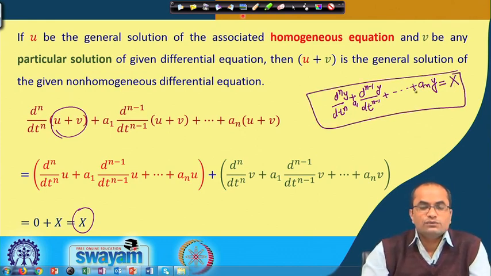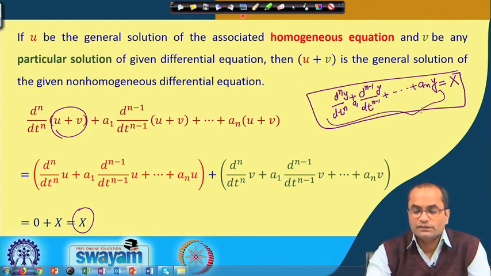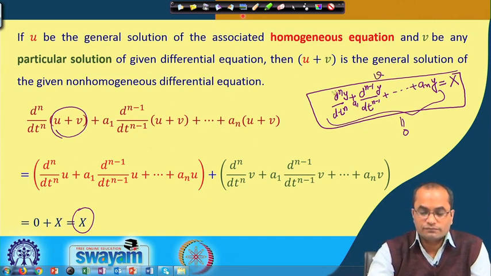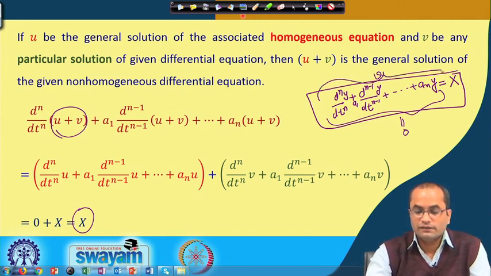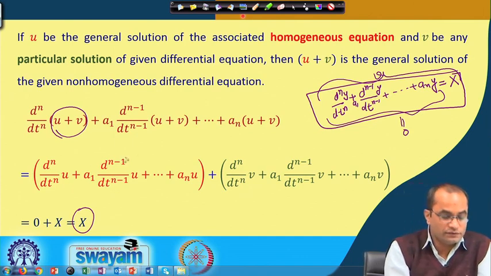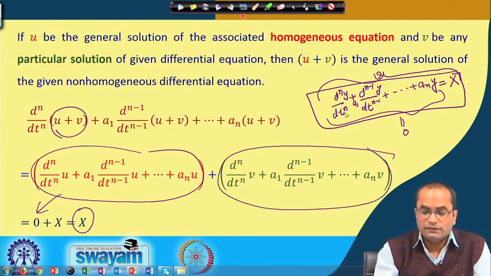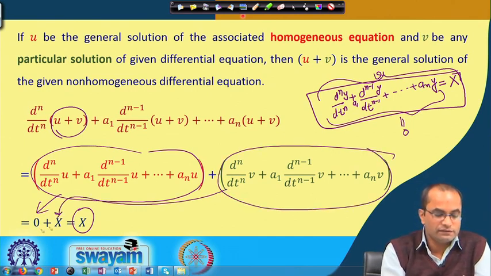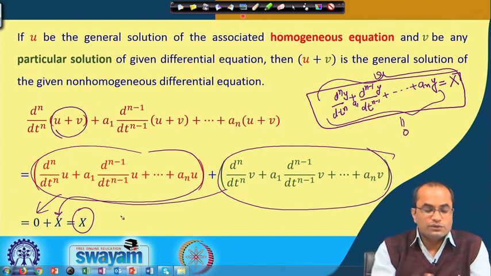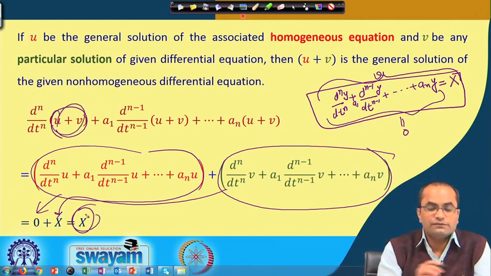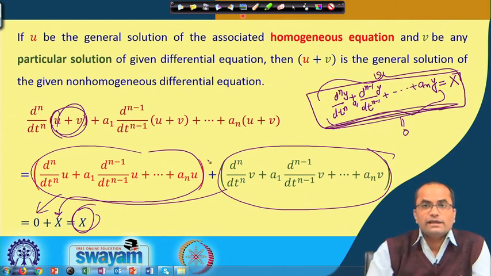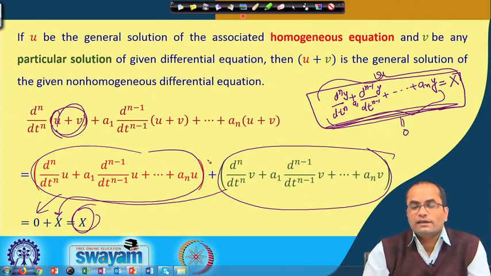Then we took these two solutions: u, which satisfies the homogeneous equation, and v, which satisfies the full equation. With u it comes to be 0, and with v the differential equation gives x, and they add up to x. So u plus v satisfies the given differential equation and it has arbitrary constants, because u has arbitrary constants. So u plus v is the general solution of the given differential equation.